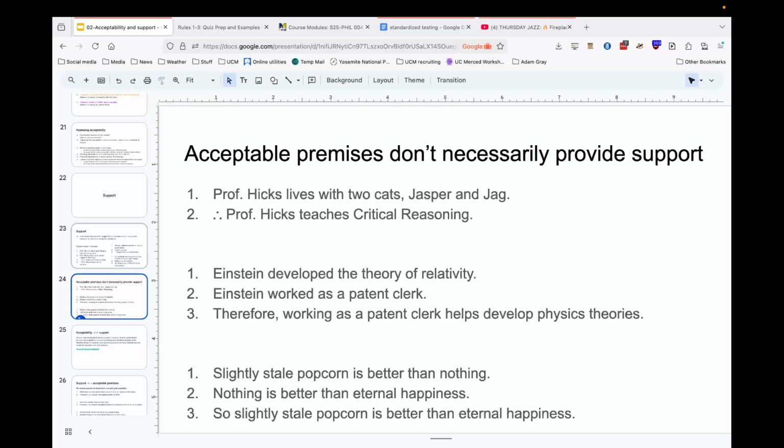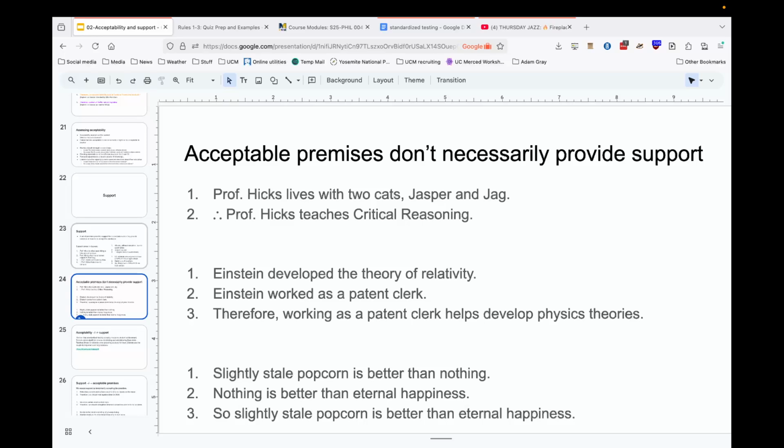And being a patent clerk doesn't give you those things that make it easier to develop physics theories. So I think this is the problem with this argument, the way Eric put it in terms of causation, we don't have a reason why there's a causal relationship between being a patent clerk and developing physics theories.